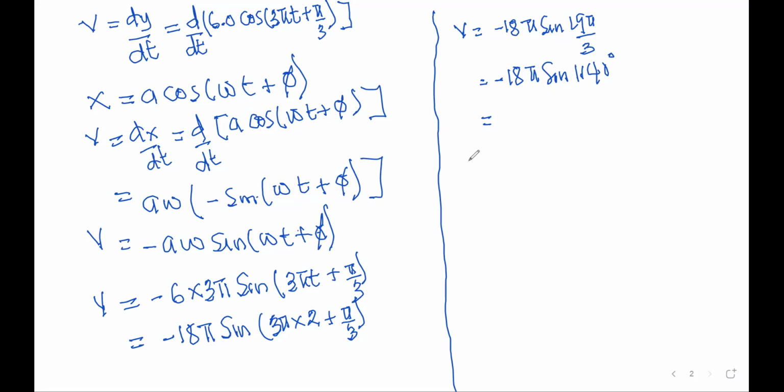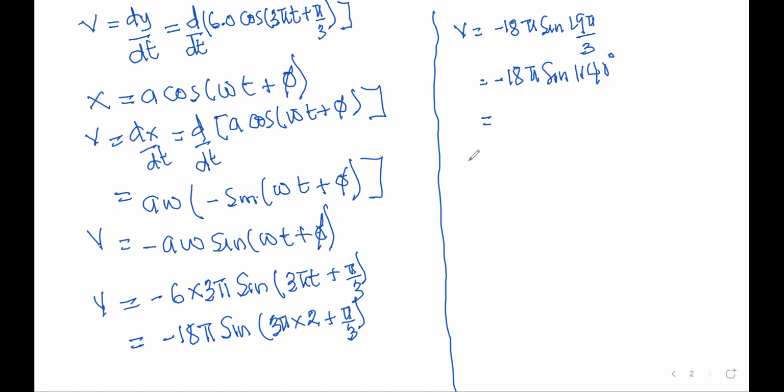This is root 3 over 0.86, which is equal to root 3 on 2. So multiply this by 18 times pi, which is 3.142.